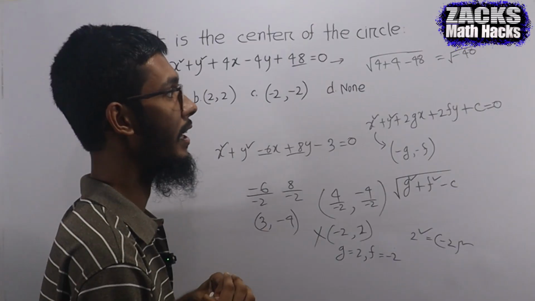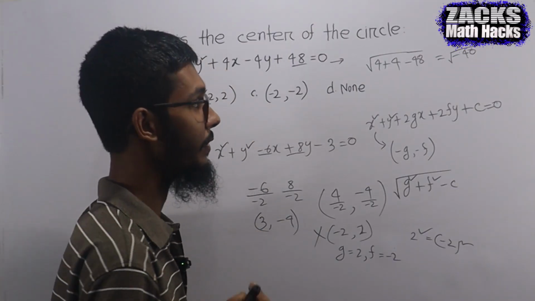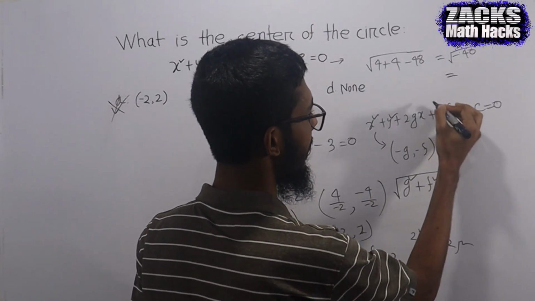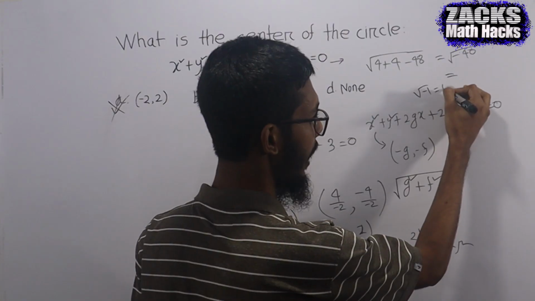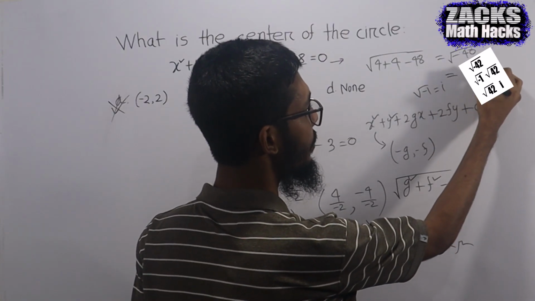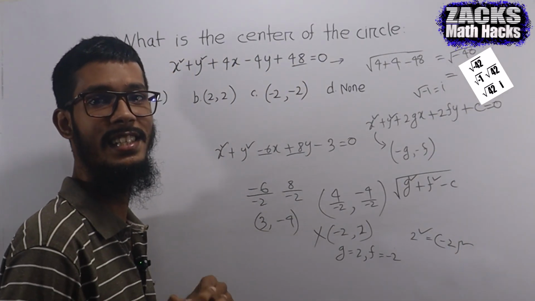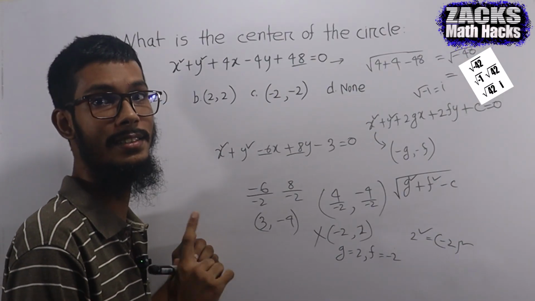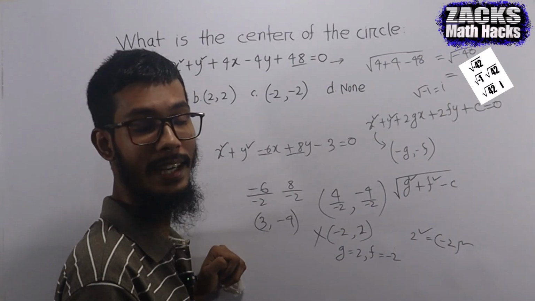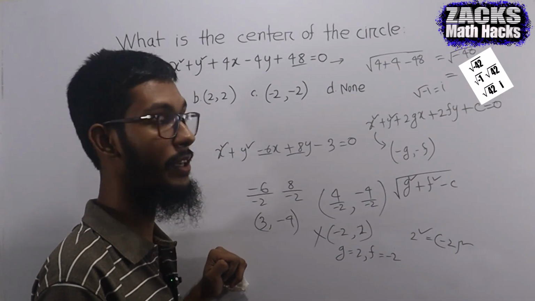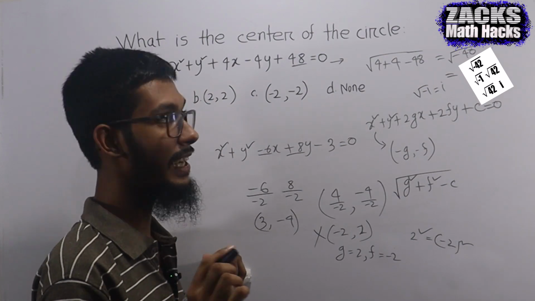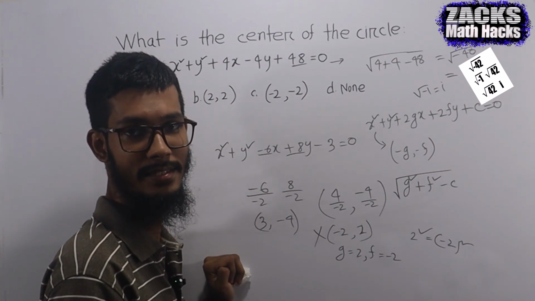Root of minus 1 equals i, so you can write it as root 40 i. So this is imaginary, and this circle doesn't intersect the x-axis or y-axis. Suppose the radius doesn't exist.